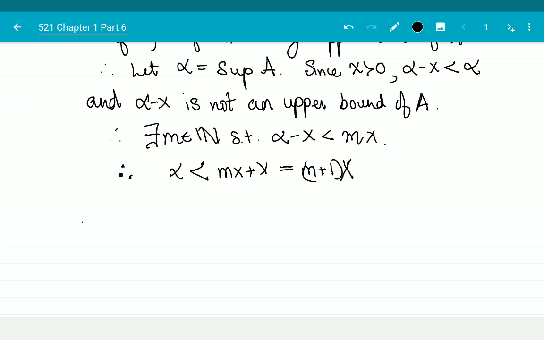Contradiction, since (m plus 1)x is in A, contradicting that alpha was the supremum.